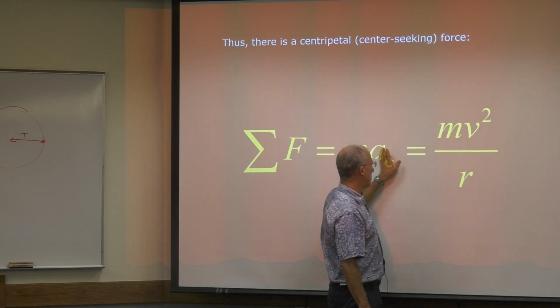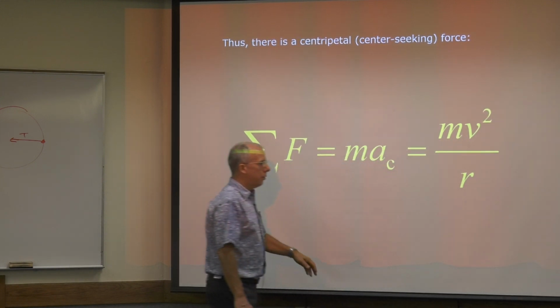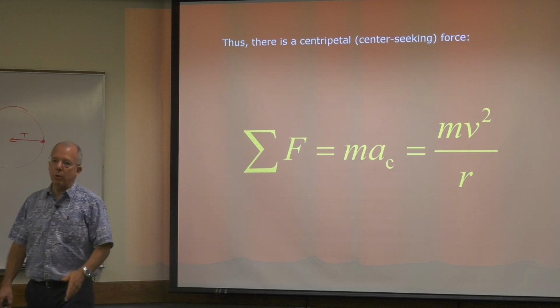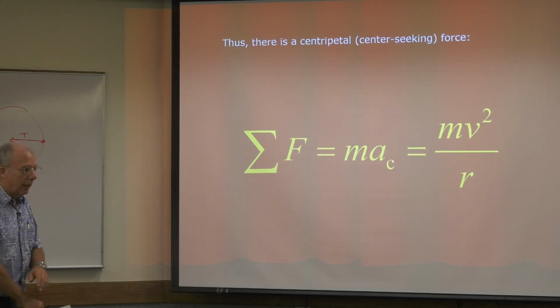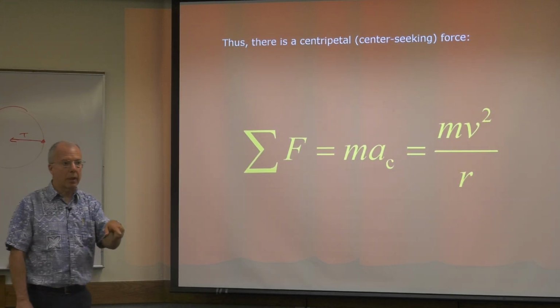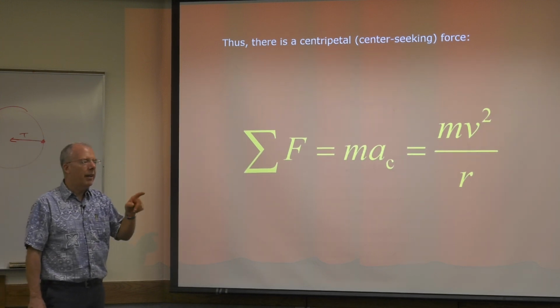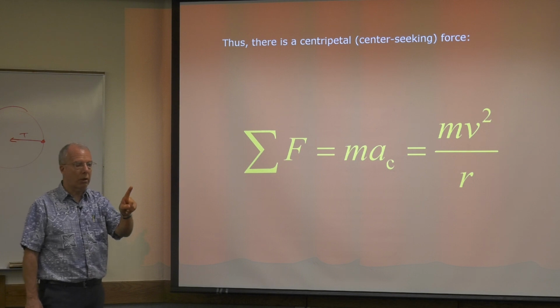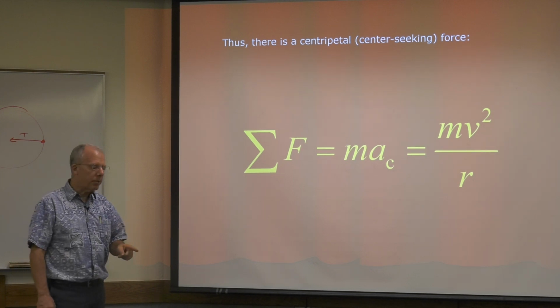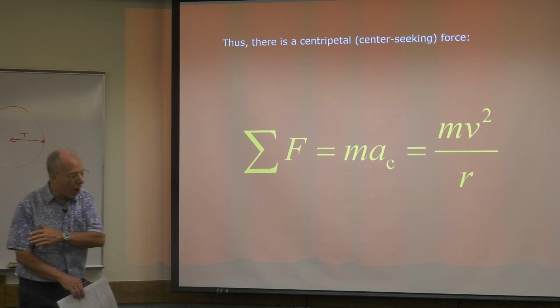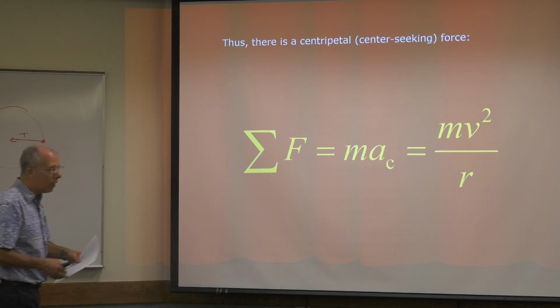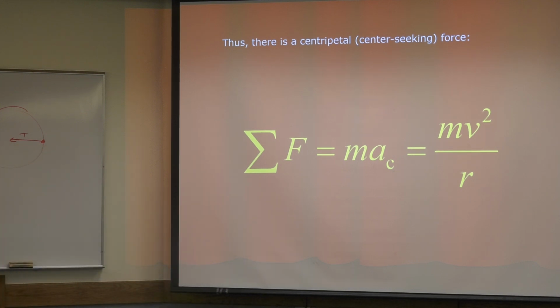So this equals m v squared over r. This is always going to be true for uniform circular motion. If it's going in a circle, there has to be a force towards the center of the circle, because F equals ma. Always, always, always for circular motion.